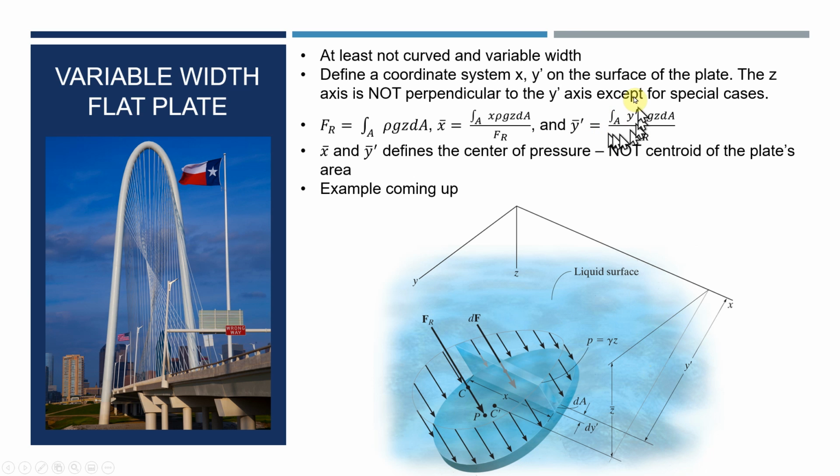This y prime is just to help us analyze this plate. Okay, they define the center of pressure, not the centroid of the plate's area. Understand that. Just want to make sure you get that.